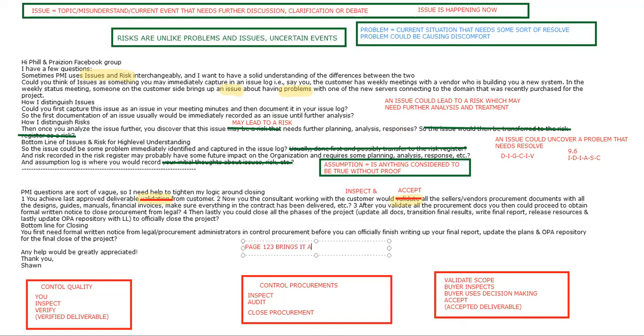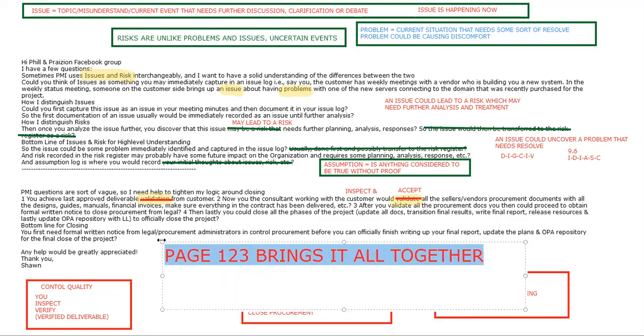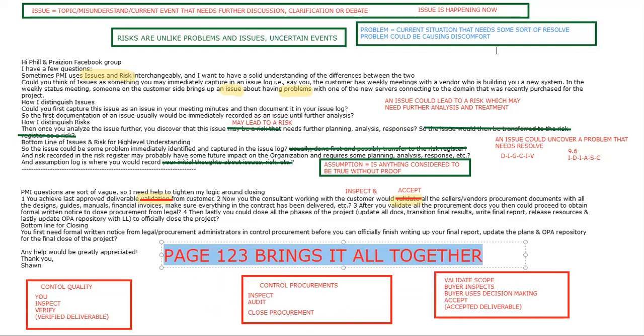So if you take a look at page 123 in the PMBOK guide, I would say page 123 brings it all together. You do need to recall the PMI's approach. It honestly is not rote. And if you leave flexibility in how you perceive it, that will be good because you can tackle exam questions of a wide variety.